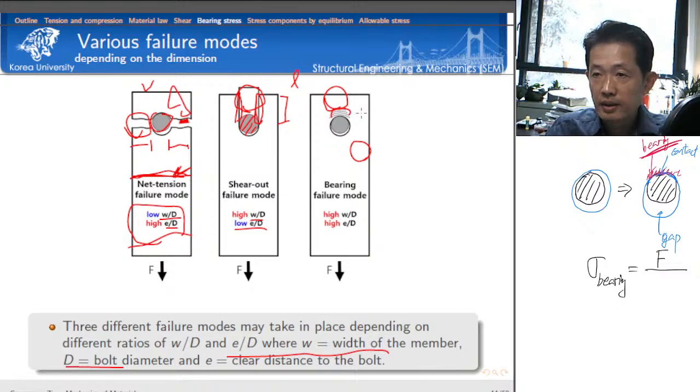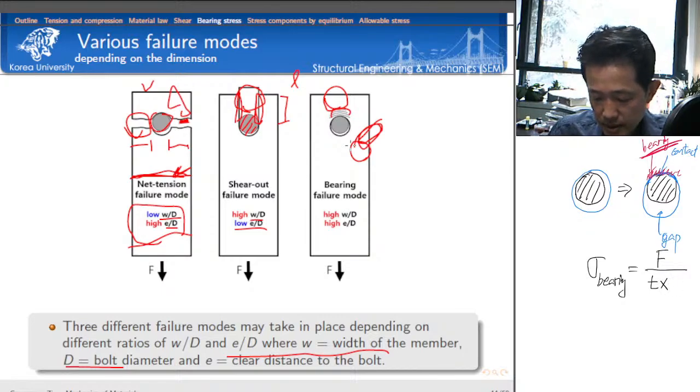That's why in the numerator we consider the force magnitude, and in the denominator we consider the area. For this area, we must have some thickness of this member, so we consider the thickness and simply the diameter of the bolt.